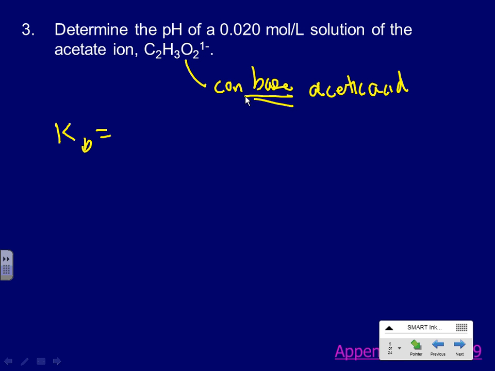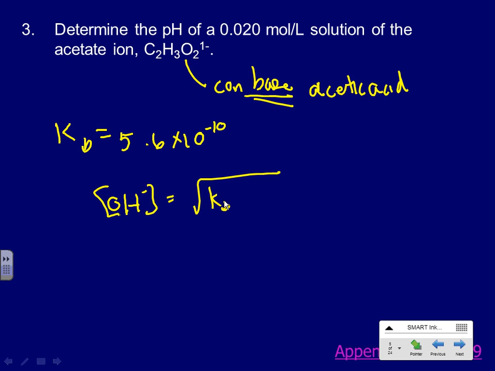Why? Because it's a base. Even though it came from an acid, it is a base. So if I take a look at the conjugate base for acetic acid, there it is, 5.6 times 10 to the minus 10. Because it's behaving as a base, I'm going to use the base equation: OH minus equals the root of Kb times the original concentration of the base.